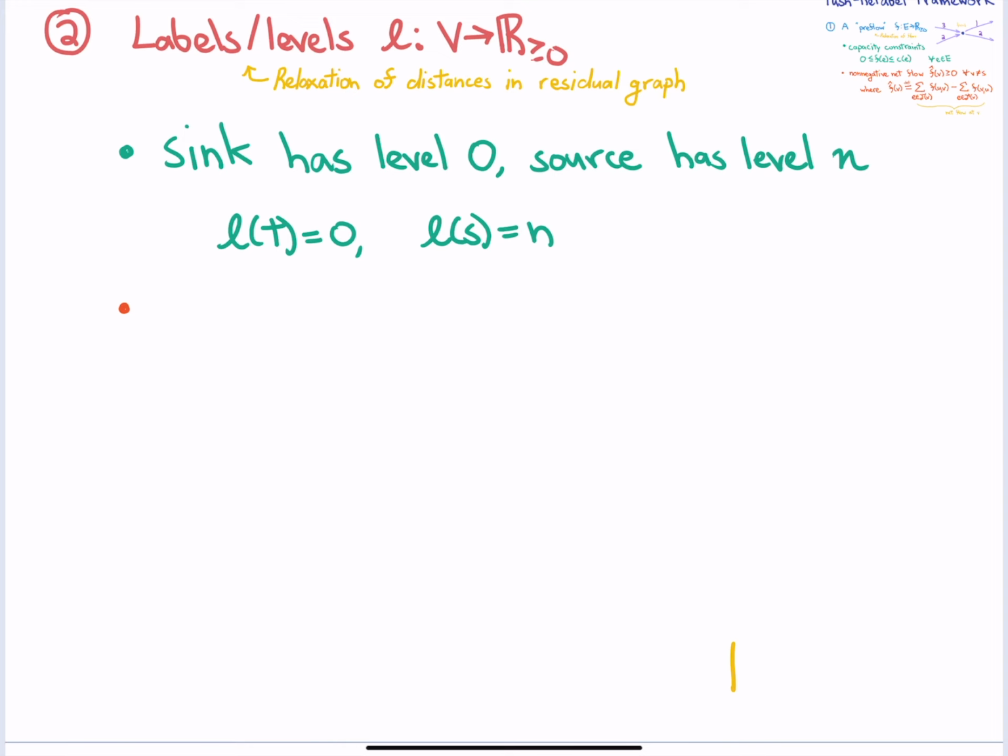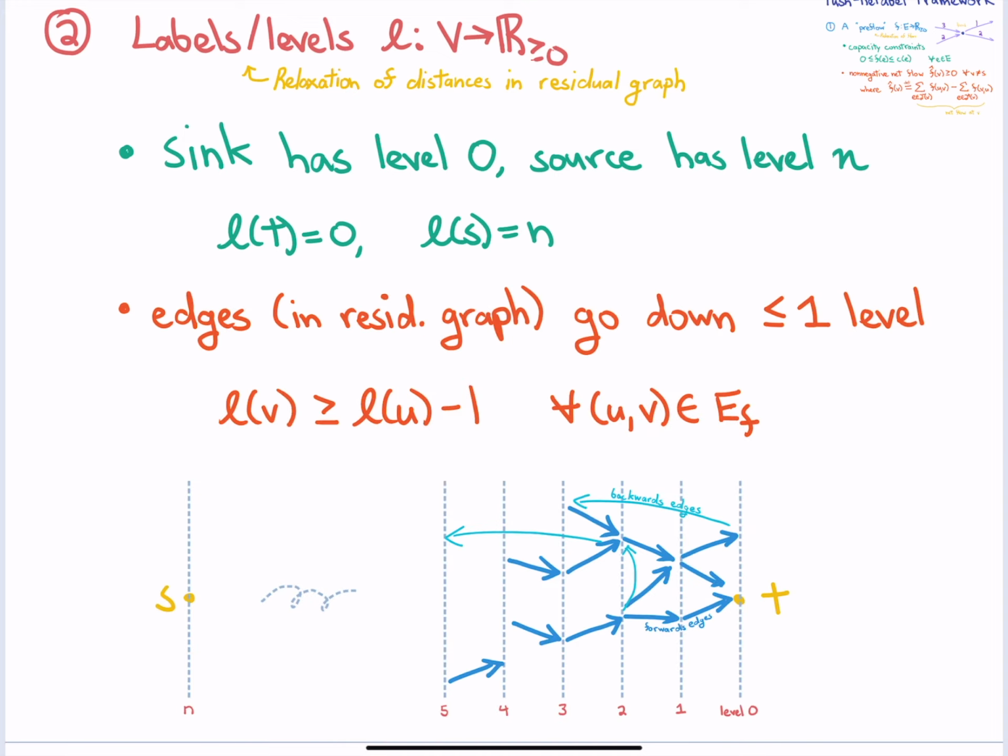Okay, so the second rule, the main rule of these distance labels, is that every edge in the residual graph can only go down by one level.